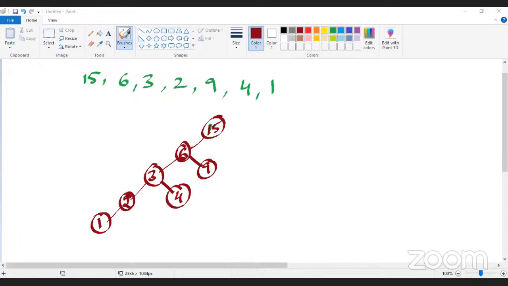A self-balanced binary search tree. The name AVL comes from the inventors Adelson-Velsky and Landis.